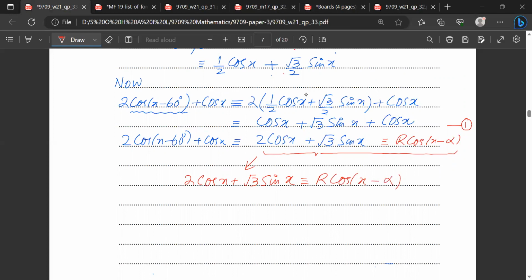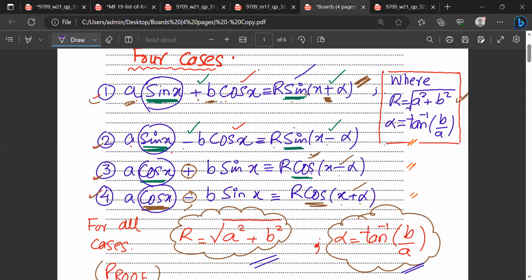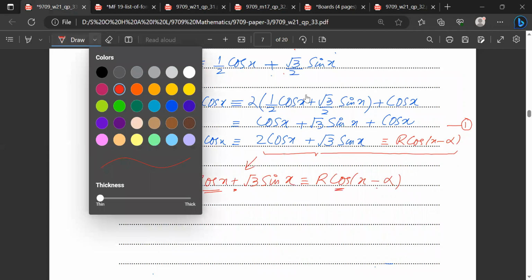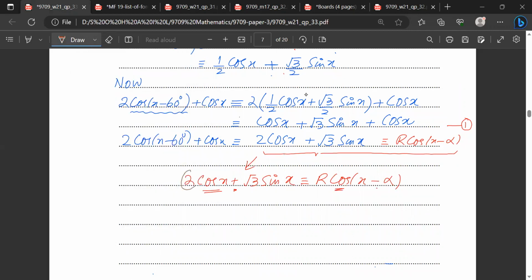Yes, this is one of the cases. So we have cos here, we have cos here, plus sine, and we have minus sine. So this is matching: 2 cos plus, this is matching actually. A cos x plus b sine x is R cos of x minus alpha. So simply, if the case is matching, then identify the value of a and the value of b. So this is a and this is b.